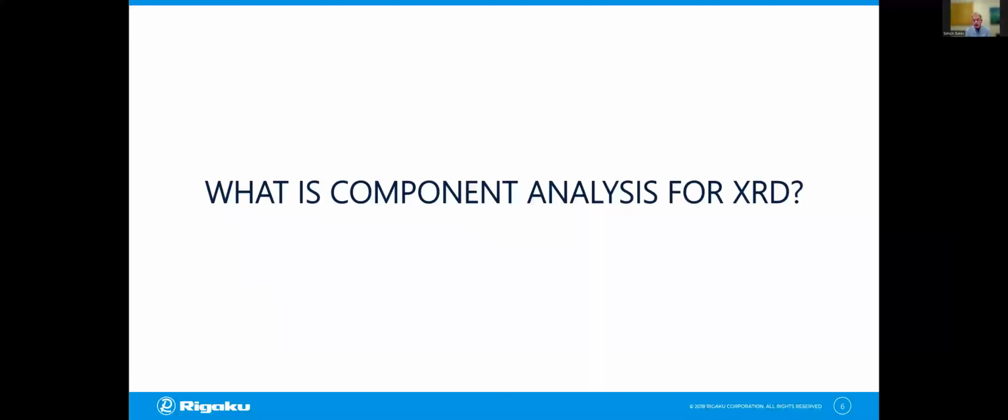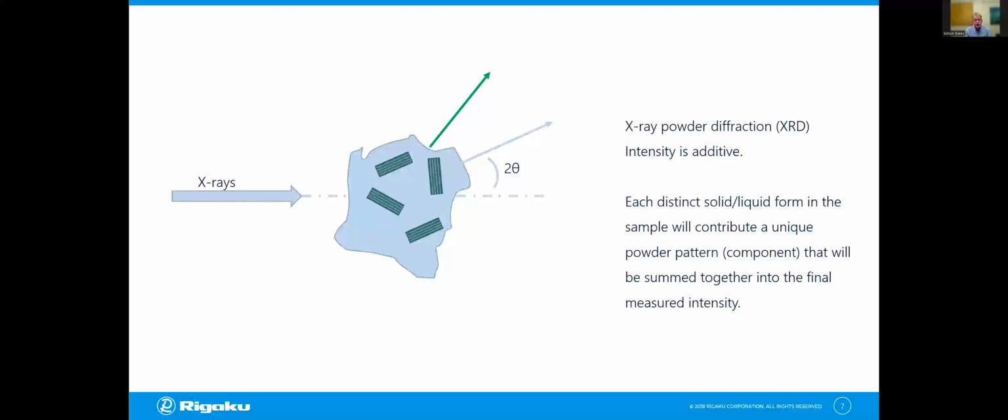It truly is a standardless quantitative approach based on fundamental parameters. So what are these components and what do they look like? Well, in X-ray diffraction, if you shine an X-ray beam, let me just turn the laser on here. If you shine an X-ray beam into a sample, and the sample is a mixture, in this case, let's assume it's amorphous with some crystals within it, then the X-ray powder diffraction pattern is additive in intensity.